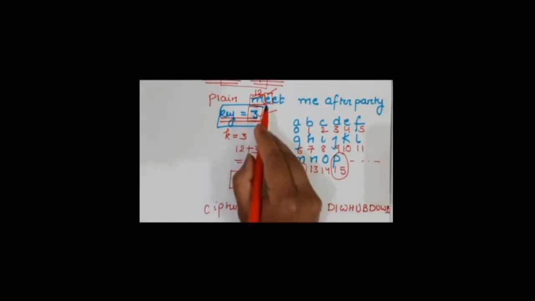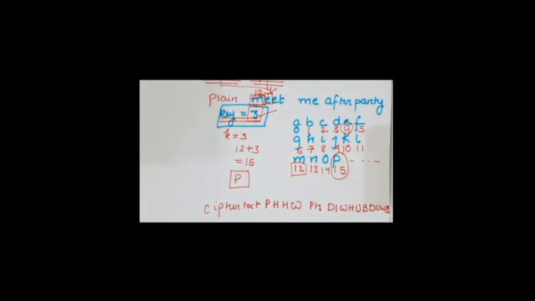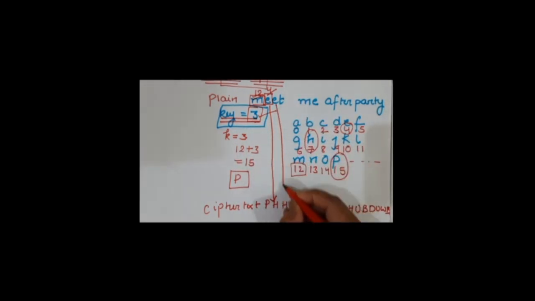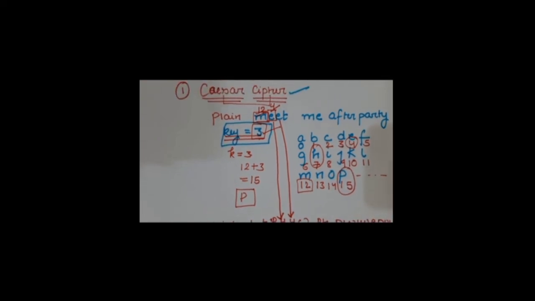Take the second word, E. Find out the place value of this: 4. 4 plus 3, again the key value is 3, will give me the value 7, and the 7 place value is of H. Therefore, E is substituted as H. Again, there's E, so there is again H, because the value of E will always be 4, and 4 plus 3 will always give me 7, and 7 is the value of H. Similarly, we have converted the entire plain text into the ciphertext. So this is the entire explanation of Caesar cipher.